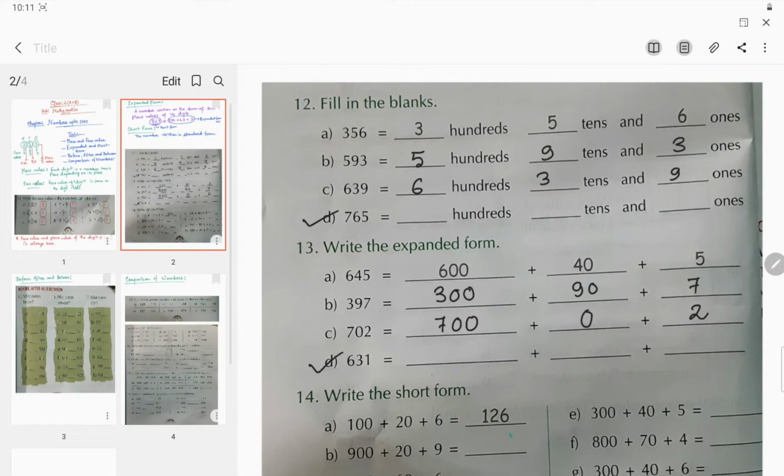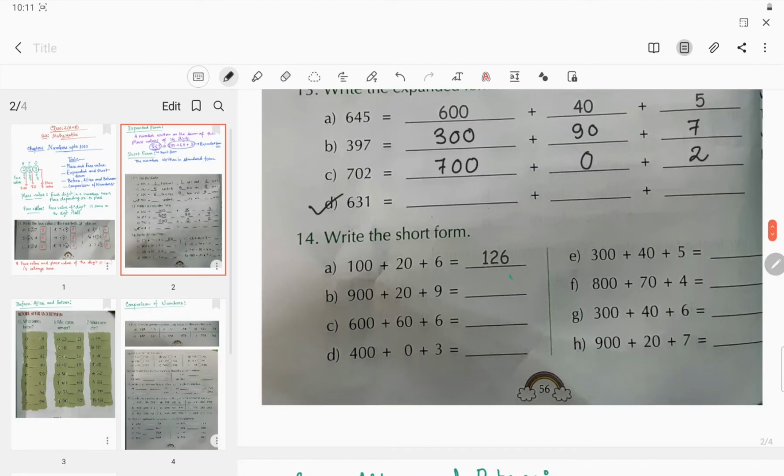Clear? Now question 14, write the short form. This is a very easy example. I already discussed this topic, so you have to solve it by yourself. Question B, it will be 929. Question C, it will be 666.